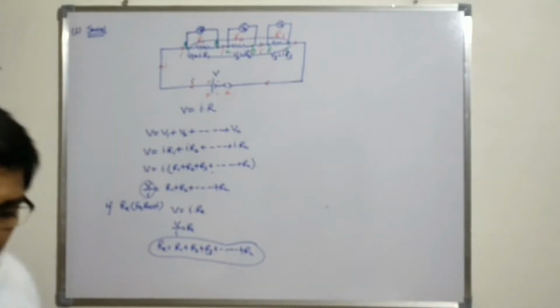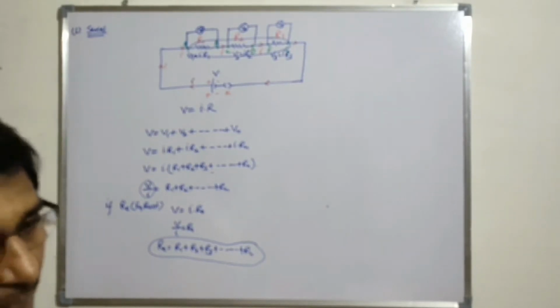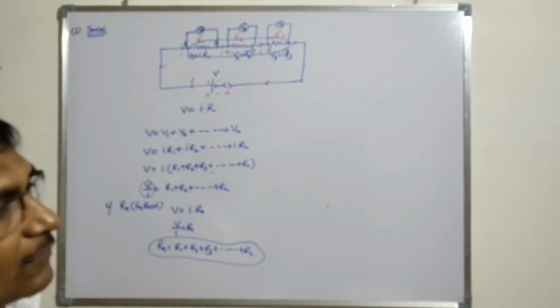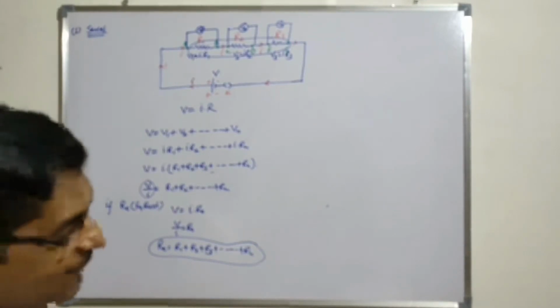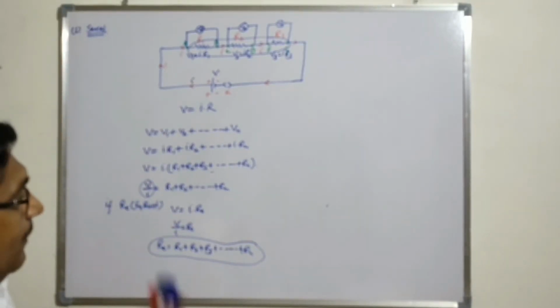In series combination, the equivalent resistance is equal to the algebraic sum of the individual resistances. That's why the value increases in series combination of resistance. In another way, if two or more resistors are connected in series, then the equivalent resistance is maximum, and it always increases.